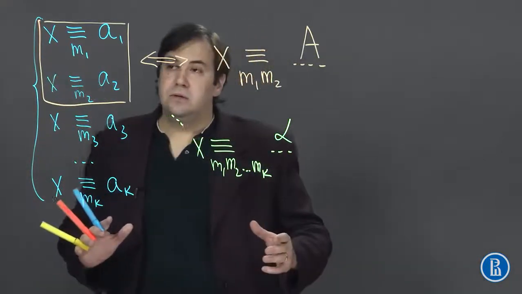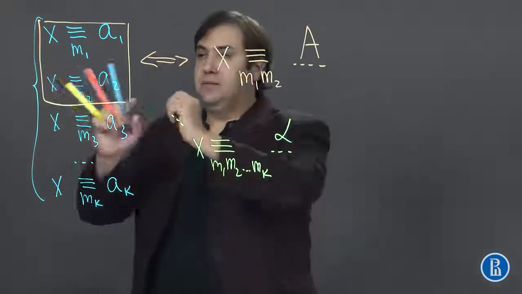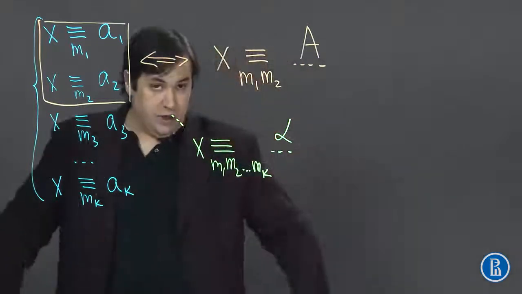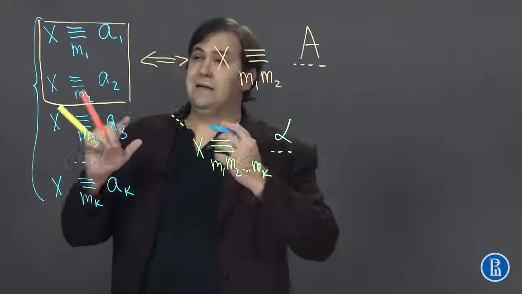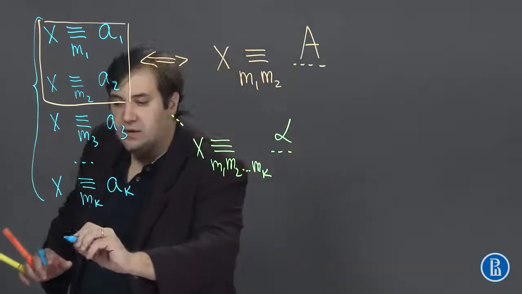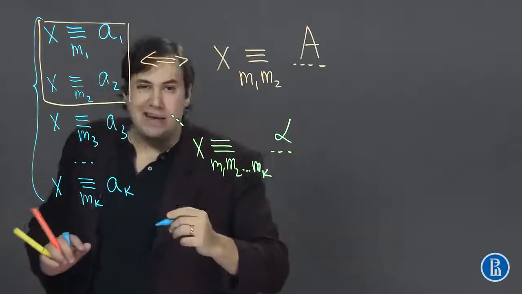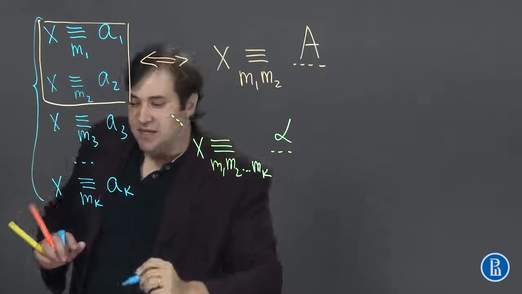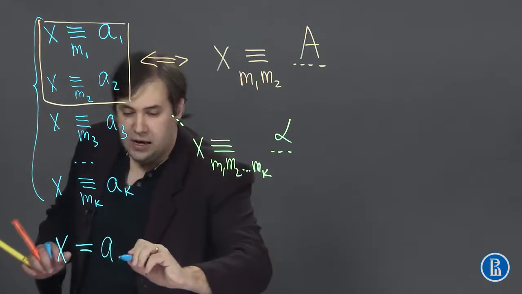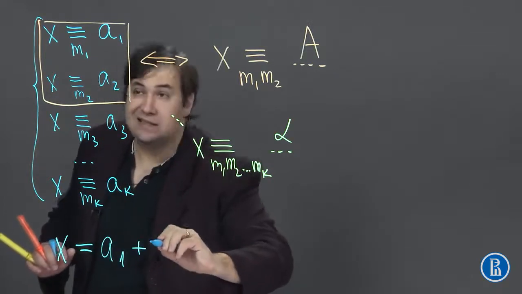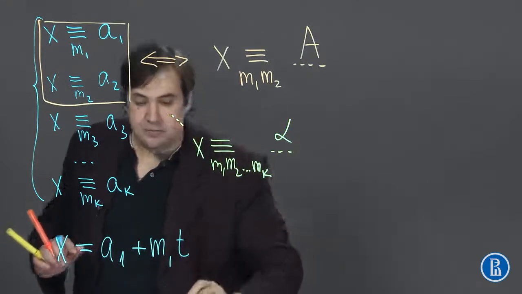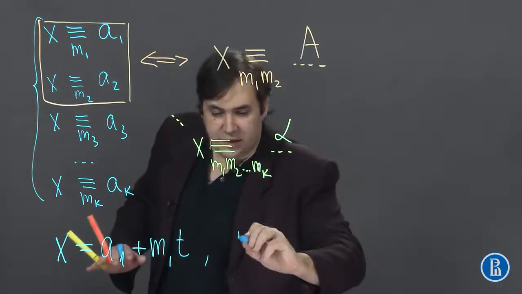So now we need to prove that this pair of congruences is equivalent to one congruence of this form. Okay, well, let's write these congruences in another way. x is congruent to a1 modulo m1. This means that x is equal to a1 plus m1 multiplied by some t, where t is an integer.